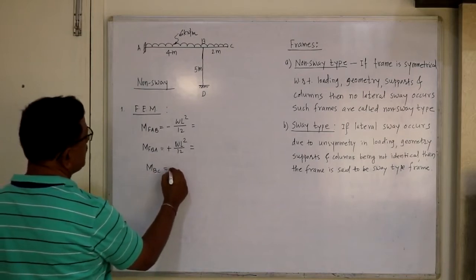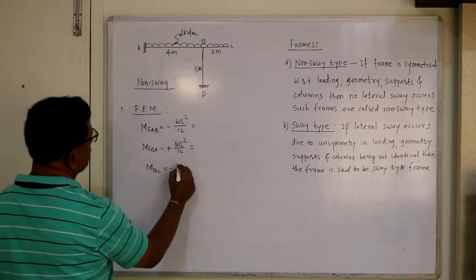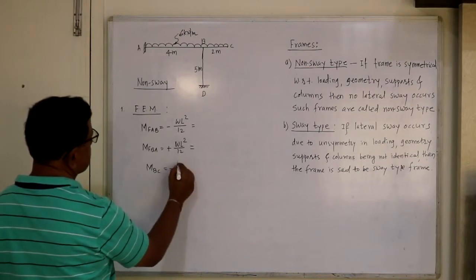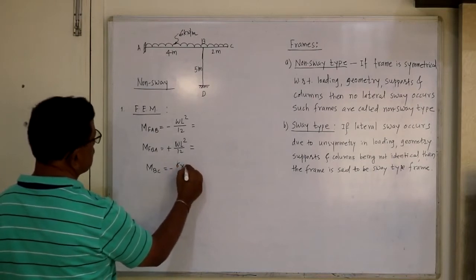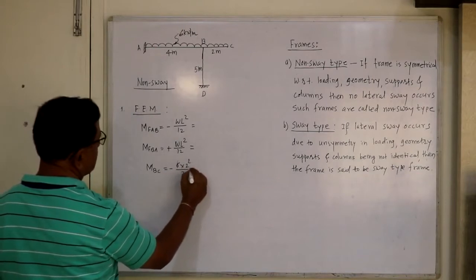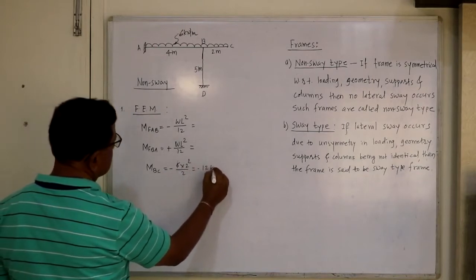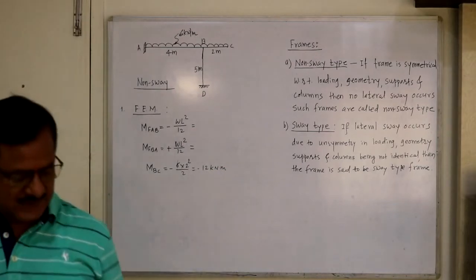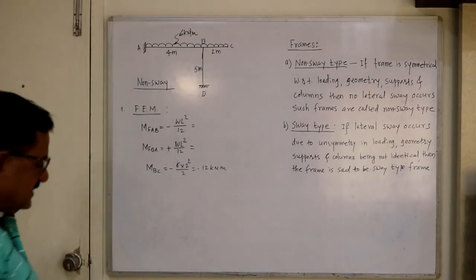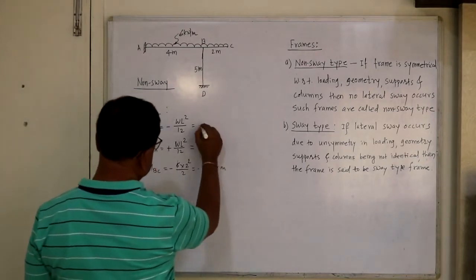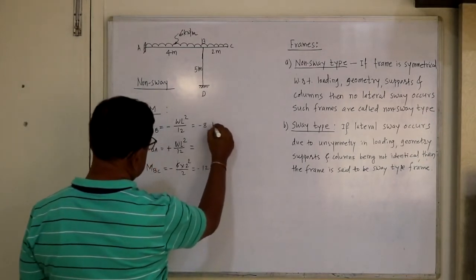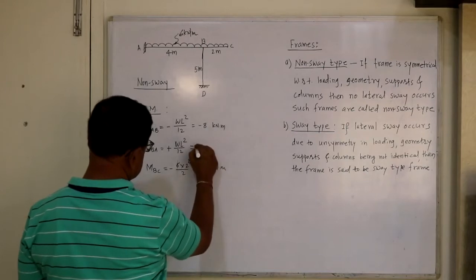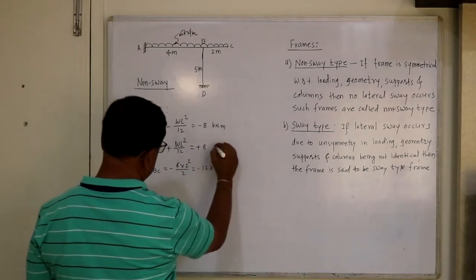MBC equal to minus 6 into 2 square upon 2. So this is minus 12 kilonewton meter. You just do the calculations and find out this. I think this is minus 8 and plus 8. So these are the fixed end moments.